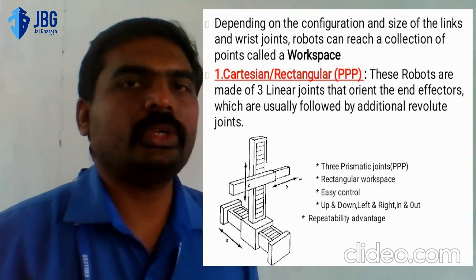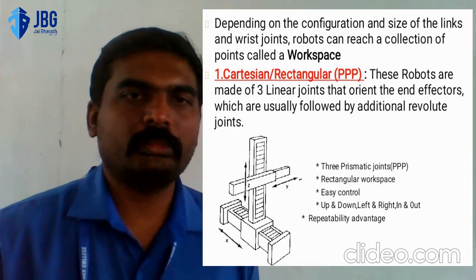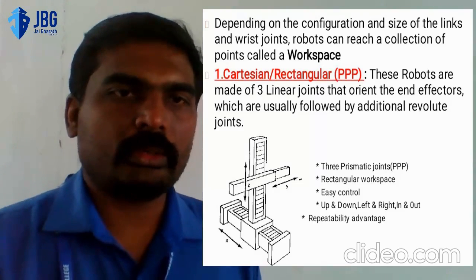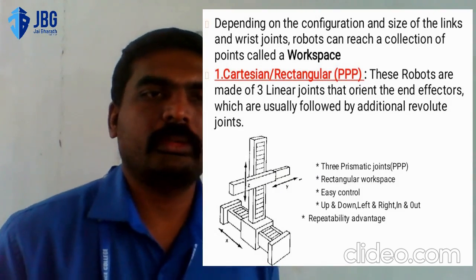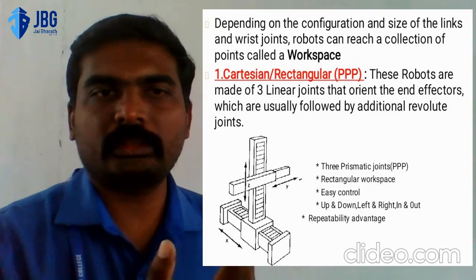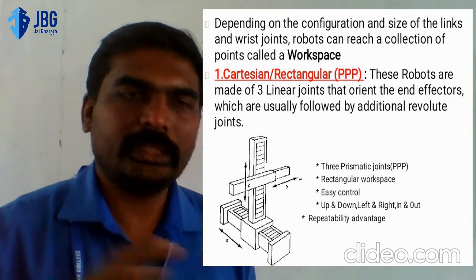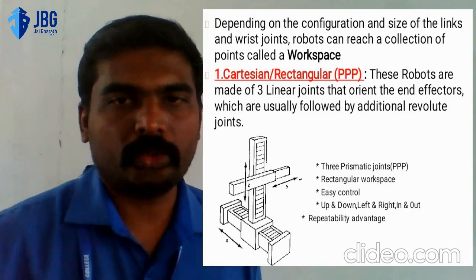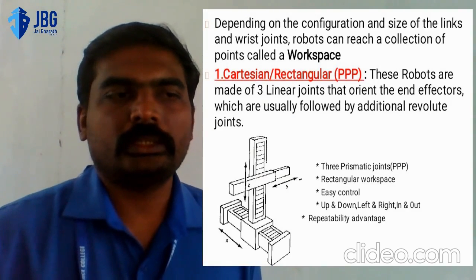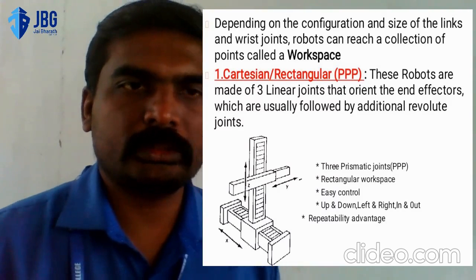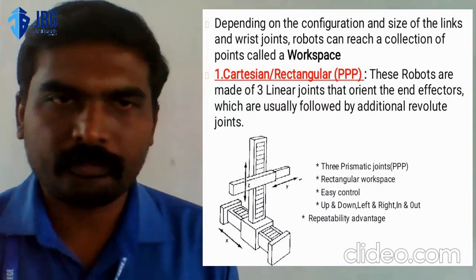Coming to the advantages of the Cartesian coordinate robot arm, it's easy to control, as there are no revolute or rotary joints. We have only prismatic joints that move linearly. So that's why it's easy to control. Another advantage of the Cartesian coordinate robot is repeatability.